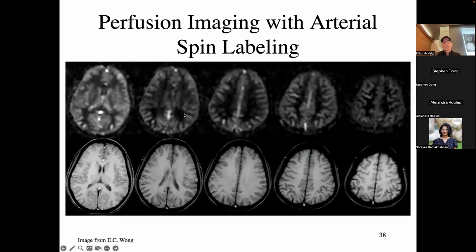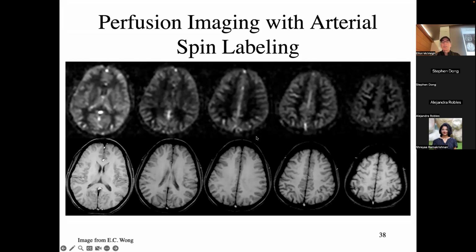And then here's an example. These are exceptionally high resolution images of a person's brain. These blurrier pictures, basically, they are bright where blood flows into the slice, okay?